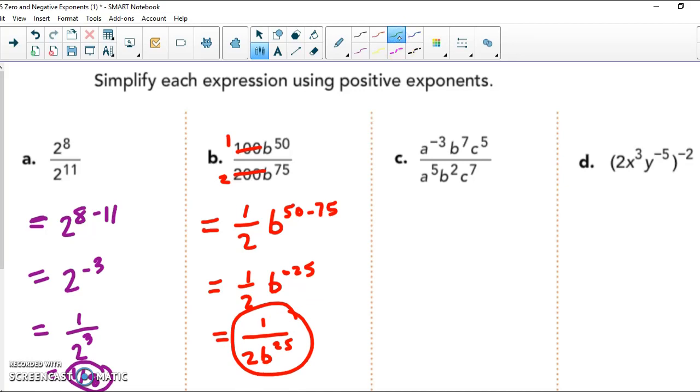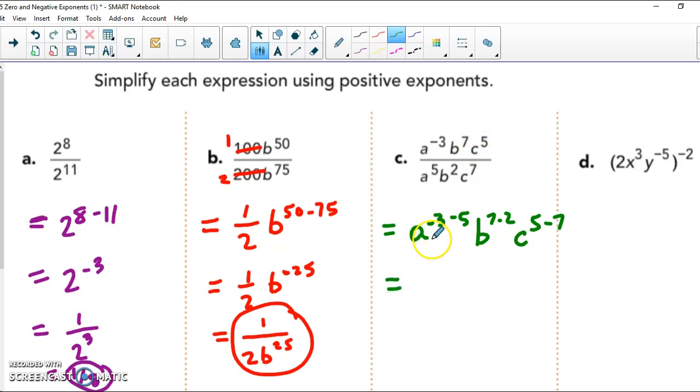Let's try it out in letter C. a to the -3rd times b to the 7th times c to the 5th, all divided by a to the 5th, b squared, c to the 7th. So let's start with my a's. a to the negative 3 minus 5, b to the 7 minus 2, and c to the 5 minus 7.